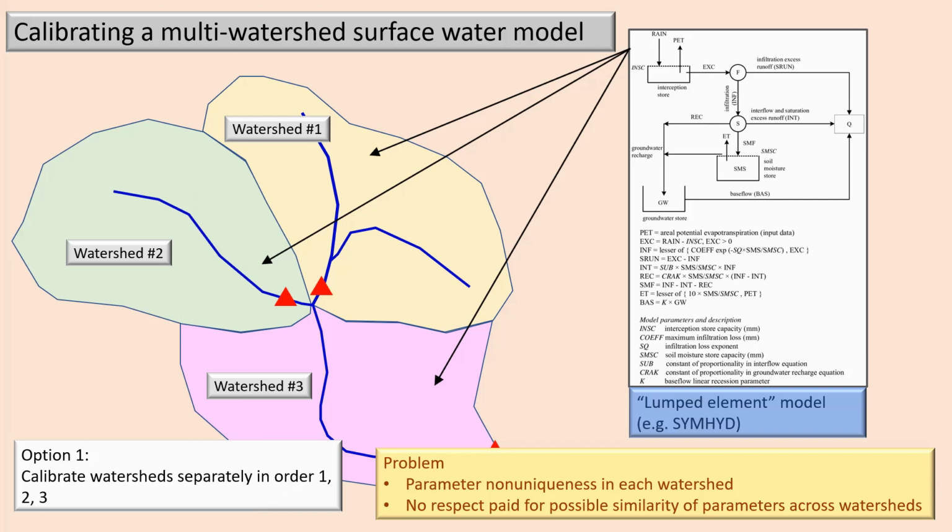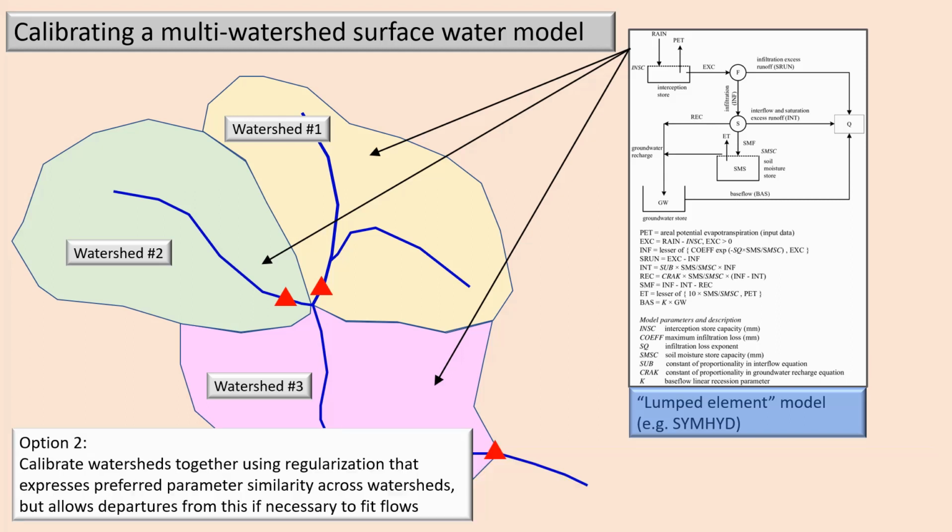The fact that a problem may be ill-posed is not a problem to it, but the problem will be less ill-posed if this extra information born of parameter regionalization relationships can be introduced to the inversion process through appropriately formulated Tikhonov relationships. This, in my opinion, presents a far better means of calibrating surface water models than individual calibration of individual watersheds.